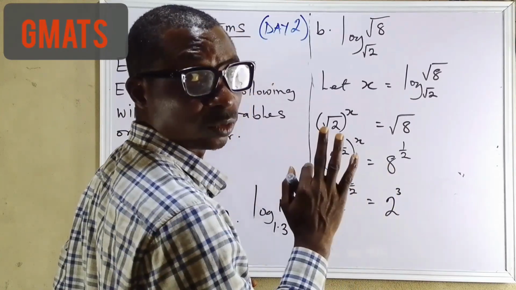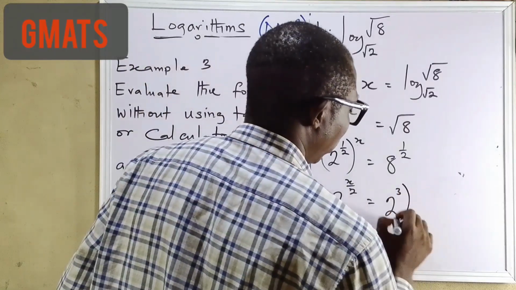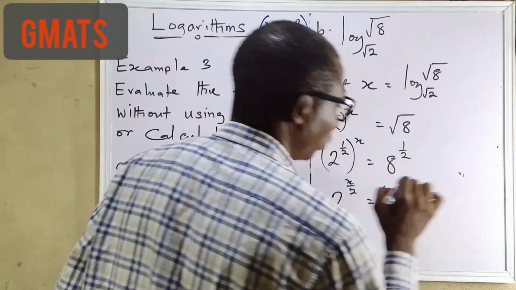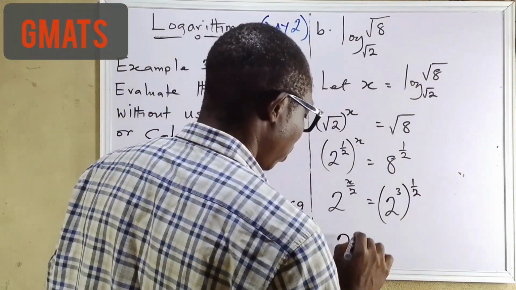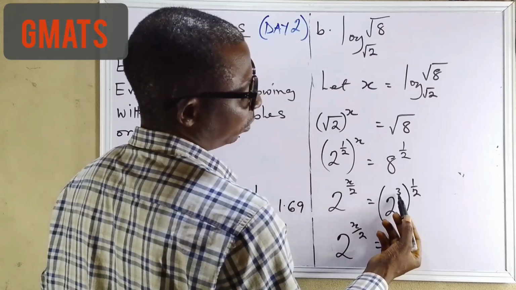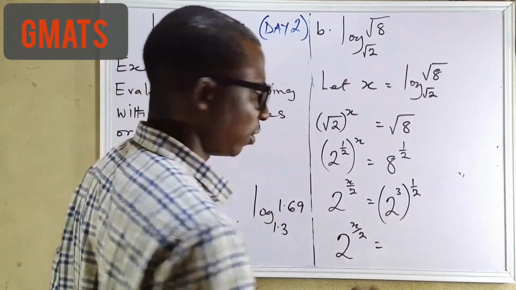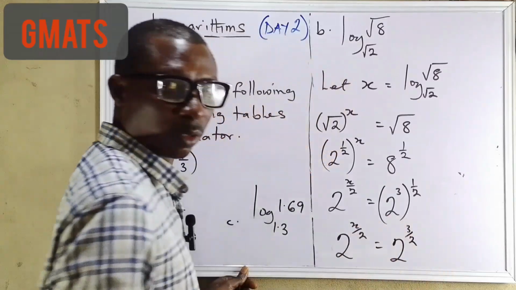When you multiply 2 in 3 places, you're going to have 8. So now raised to power of 1/2. When you multiply 3 by half, you have 2 raised to power of 3/2. Hope you get that.